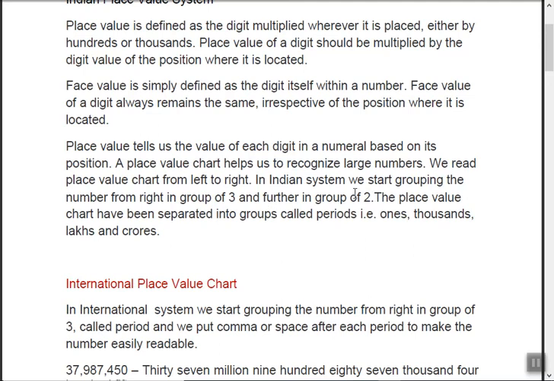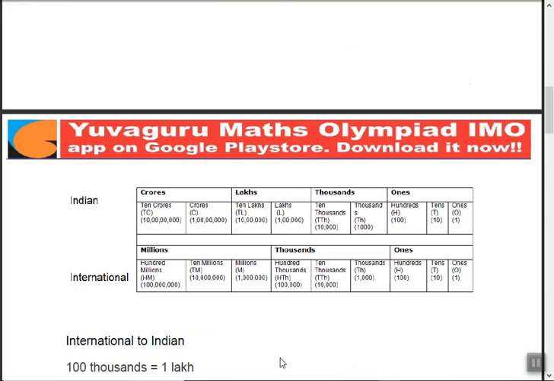Means the Indian system is a 3-2-2-2 system. See, this is Indian. 3 means this first group is of 3, then 2, 2, 2. Up to hundreds is 3, then thousand, 10,000, lakh, 10 lakh, crore, 10 crore, like this.